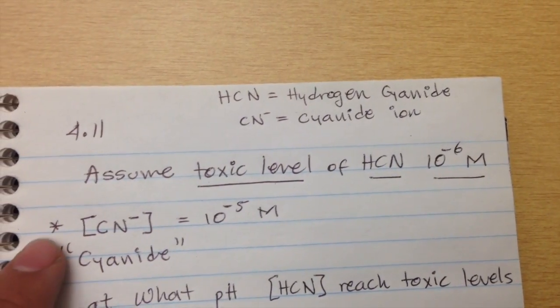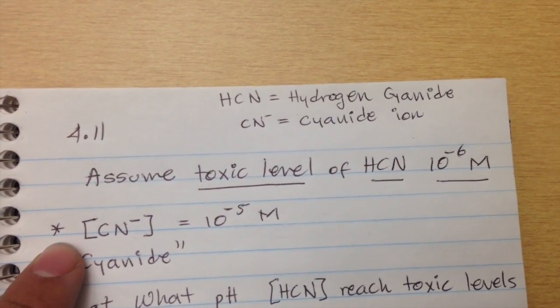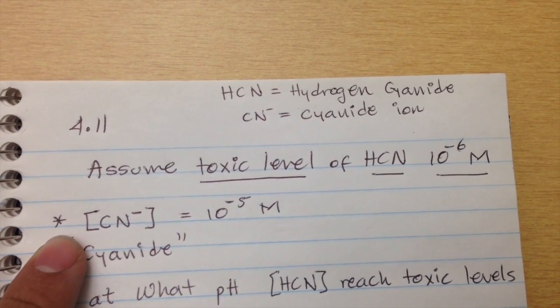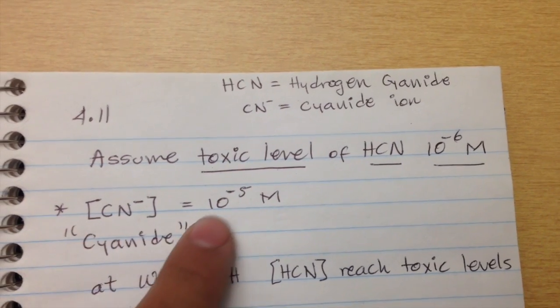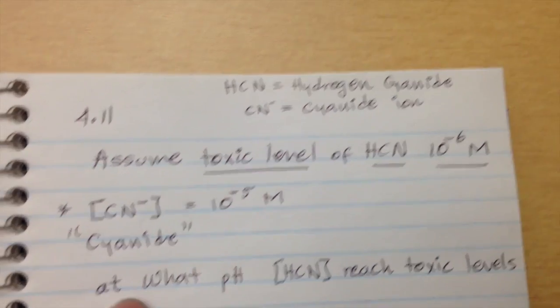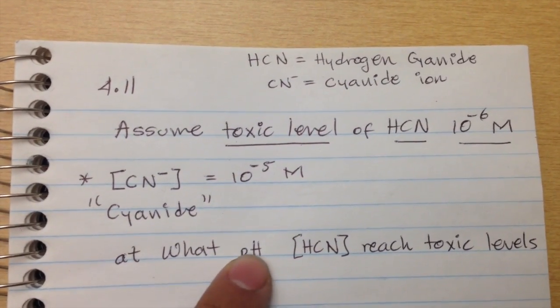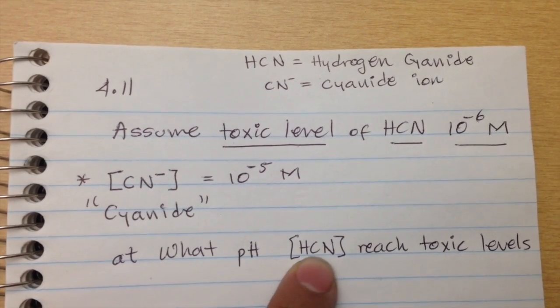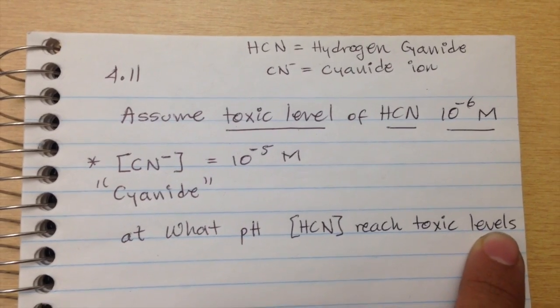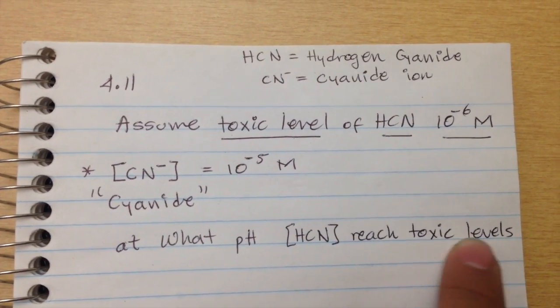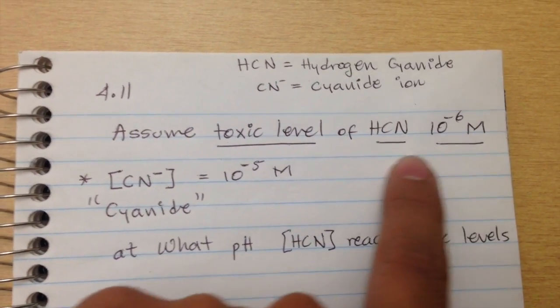So the question says that having a total concentration of cyanide, not hydrogen cyanide, of 10 to the minus 5 molar, what is going to be the pH at which the hydrogen cyanide will reach toxic levels? And we know that the toxic level is going to be this concentration.